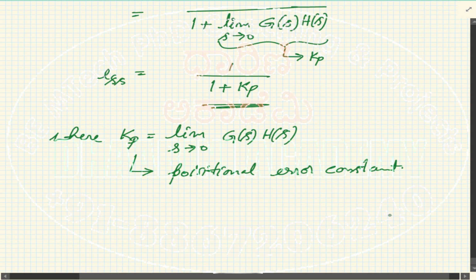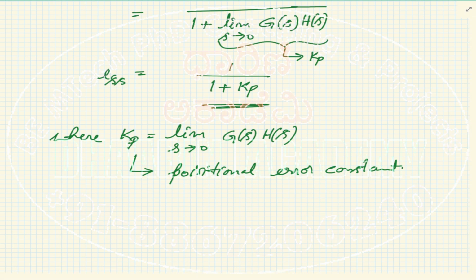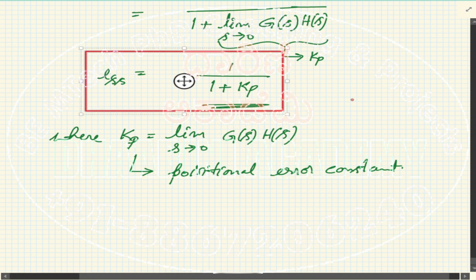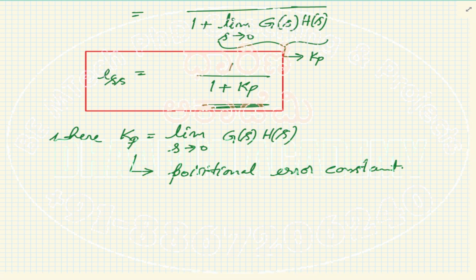We just need to remember, when the input is unit step, the error becomes equal to this, and kp is given by limit s tends to 0 of g of s into h of s. So we checked the first signal and understood how to calculate the steady state error. Now we'll go for the second input to the system.